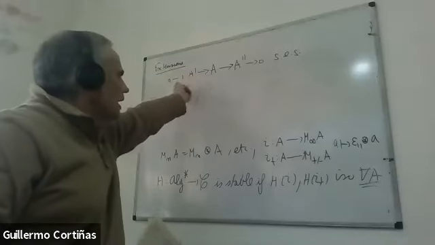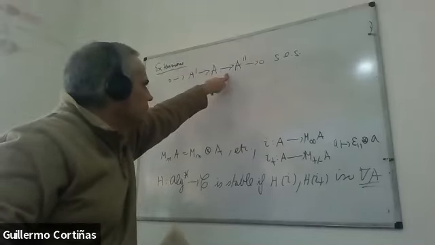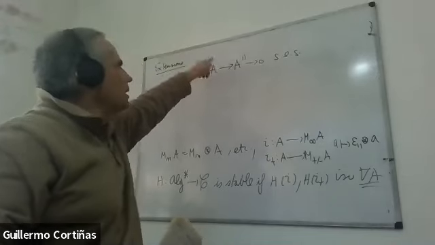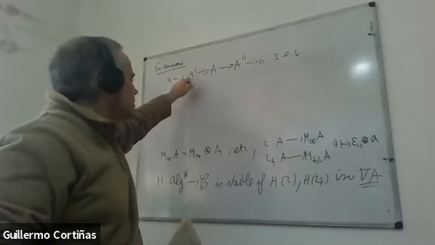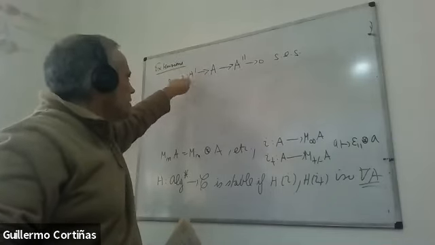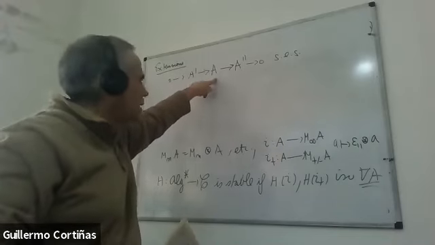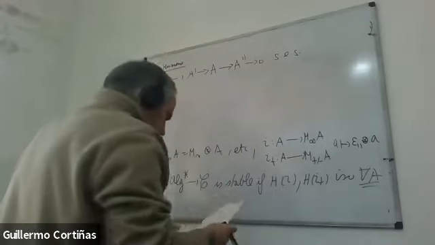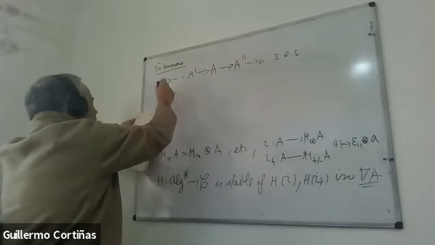That this is exact means that this is the kernel of this one, and this one is onto. So this is a quotient map, and this is an isomorphism onto the ideal. So this is a star isomorphism. You may think of this as a star ideal of A, closed under the involution.